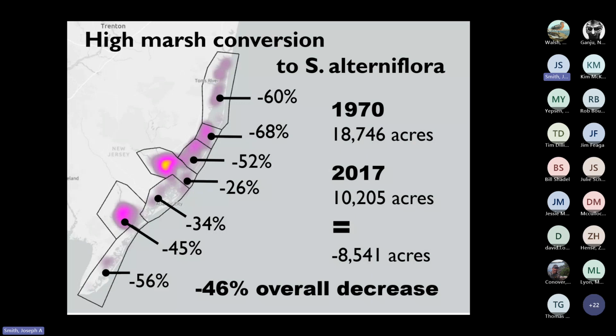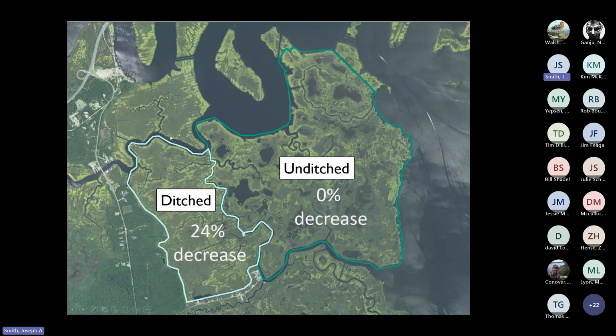But the interesting thing, dialing in at these two sites, Spartina patens cover did not change over that 50-year period on this unditched marsh, while it decreased by about 24% on the ditched side. So an indicator that this is a good place to look at as a reference marsh, something to think about as a model for restoration. Whatever's happening here is at least holding up better than the rest of it.